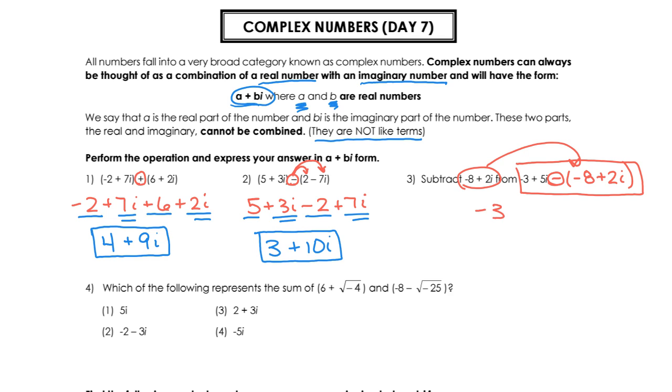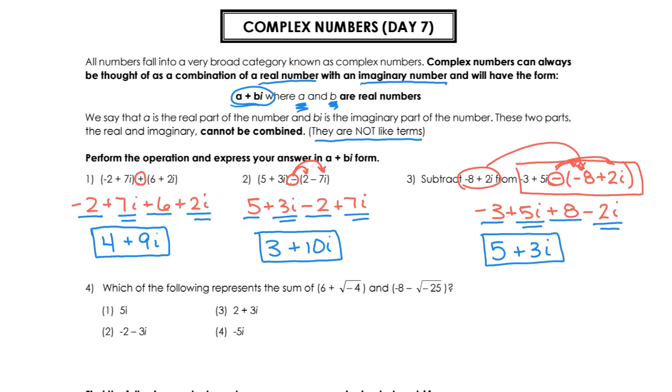So the -3 plus 5i will stay. And then we will distribute, and we're going to get a +8 and a -2i. And now it just becomes like the last couple problems. We'll take our real parts, which is -3 plus 8, which is 5. And then 5i minus 2i is a positive 3i. And there's our complex number.